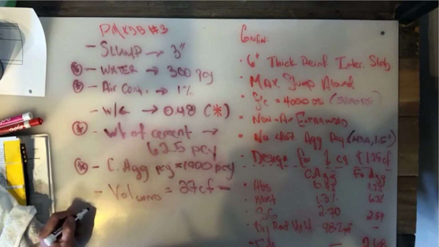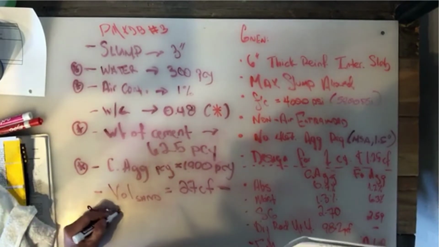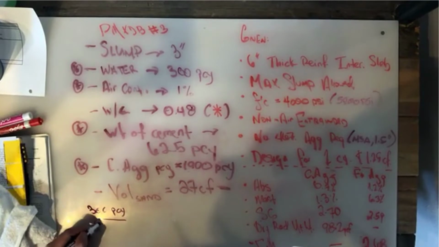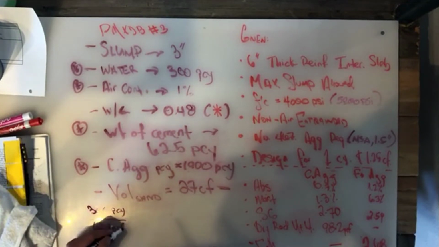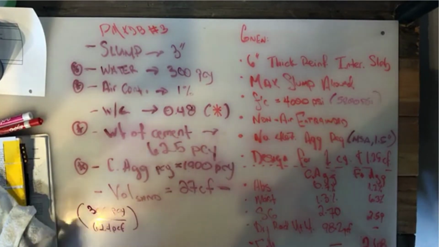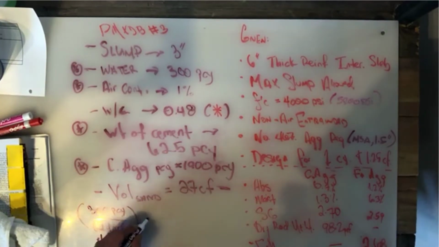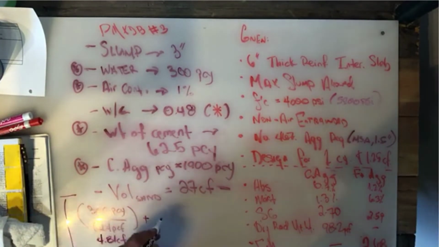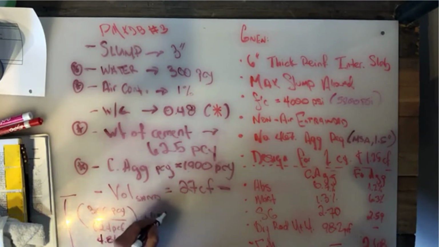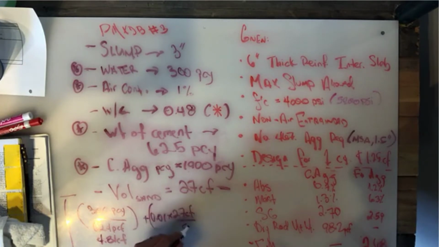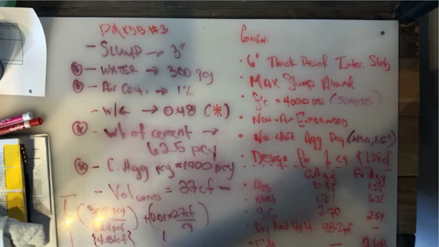If I take my water, I do 300 pounds per cubic yard divided by 62.4 pounds per cubic foot. That's the unit weight of water, and that gives me, anybody have a calculator? I do. It gives me 4.81 cubic feet. I add to that my 0.01, which is my air, times 27 cubic feet per cubic yard, and that gives me 0.27 cubic feet.